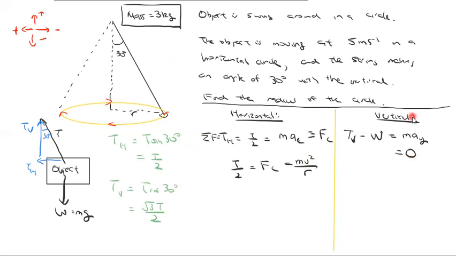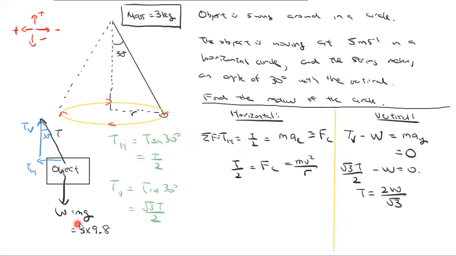Now, what that allows me to do is sub the TV, which is root 3 T over 2, minus w equals 0. And that lets me get T must equal 2 times w over root 3. Because w is just mg, and you should know how to work that out, w must equal 3 times 9.8.